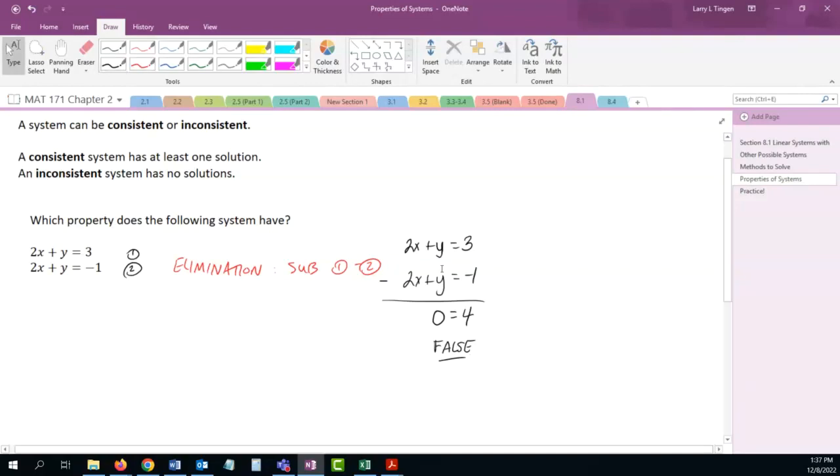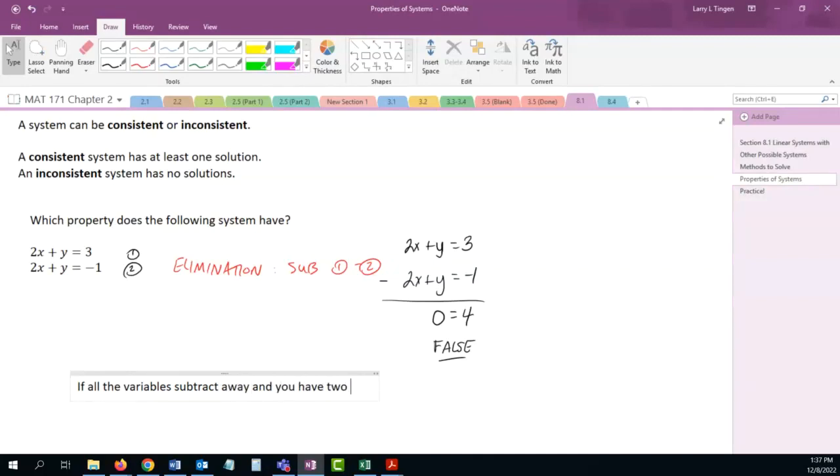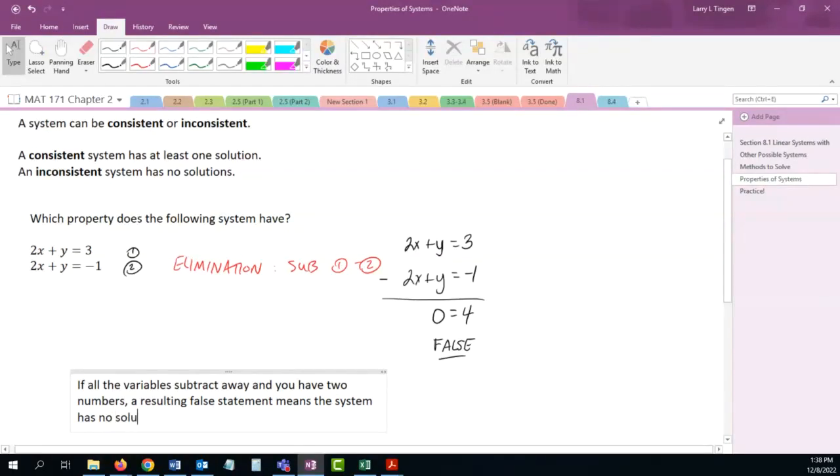If you end up with a false statement, that means if all the variables subtract away to numbers, a false statement means the system has no solutions, right?